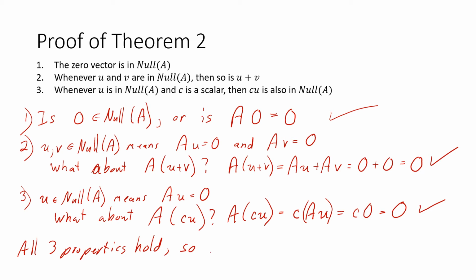So that means the null space of A is a subspace of Rm. So that is a proof of the theorem, showing that the theorem is accurate.